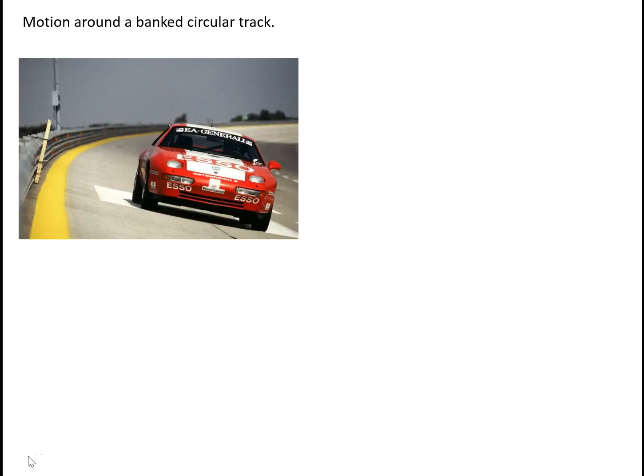Now often bends are banked, and if the bend is banked, then it often will allow the car to go round the corner at a higher speed. What we're going to try and do is investigate this situation in a little bit more detail.